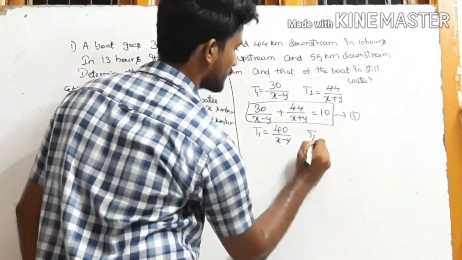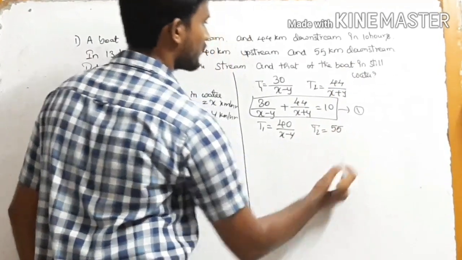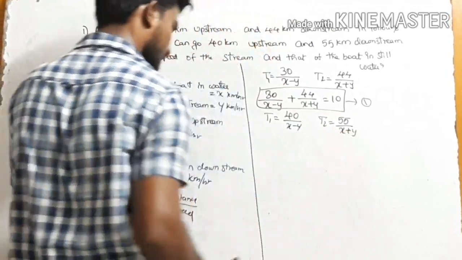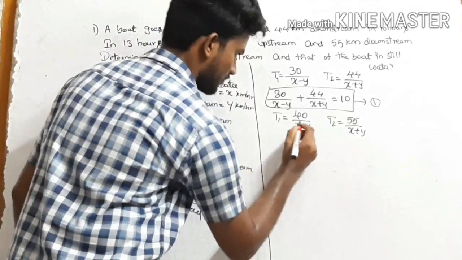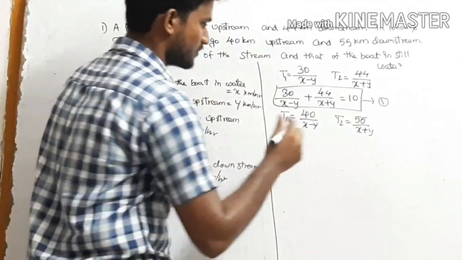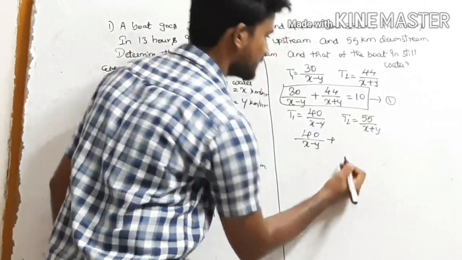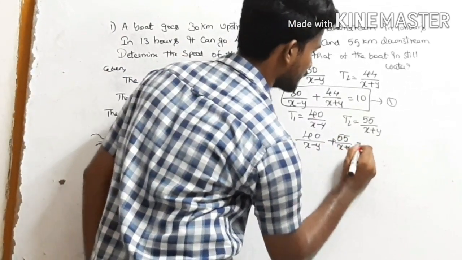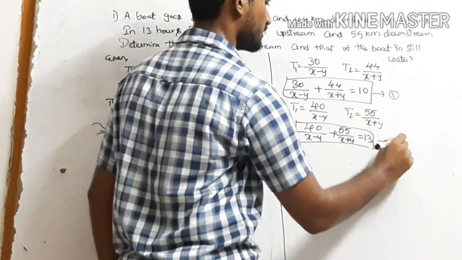Then t2: the distance is 55 kilometers downstream, and the speed is x plus y. We can write t1 plus t2 is 13 hours. So we can write 40 by x minus y plus 55 by x plus y equals 13. This is the second equation.